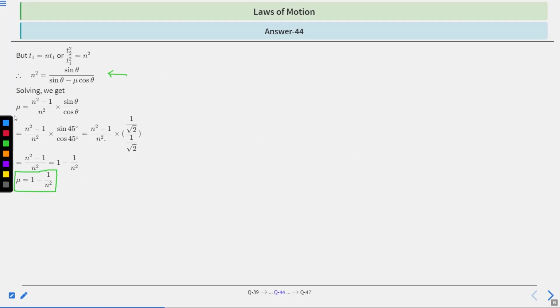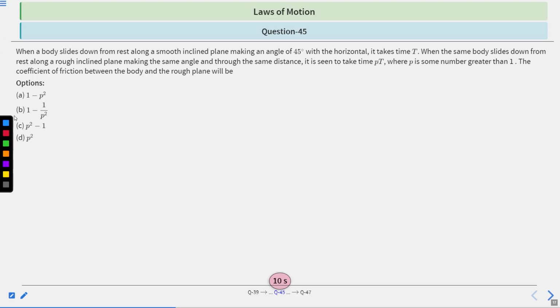Next question. The question is: when a body slides down from rest along a smooth inclined plane making an angle of 45 degrees with the horizontal, it takes time t.